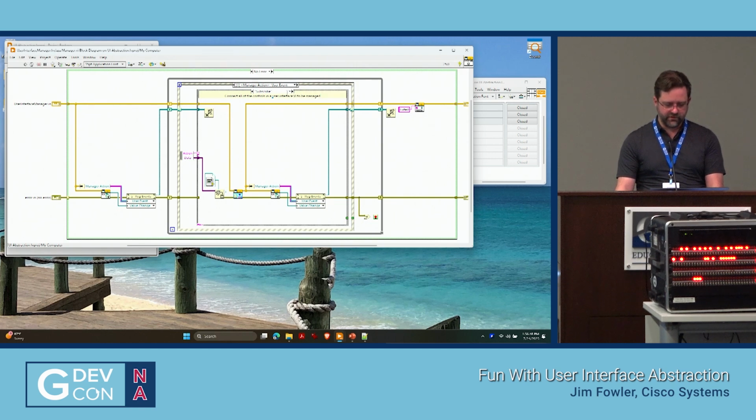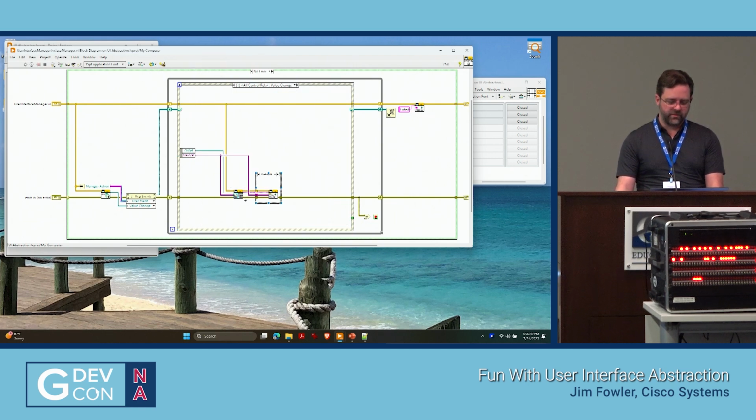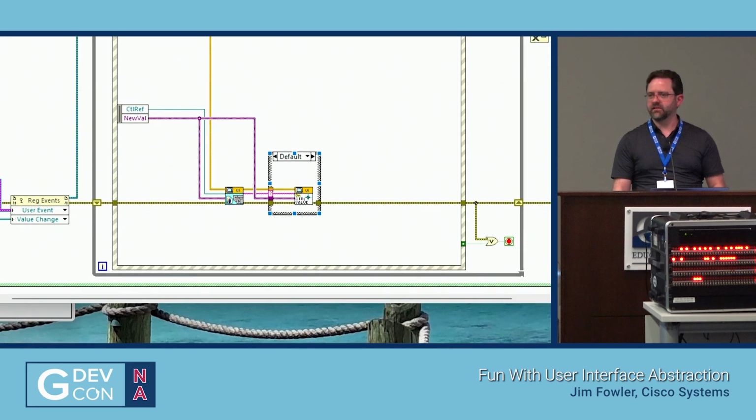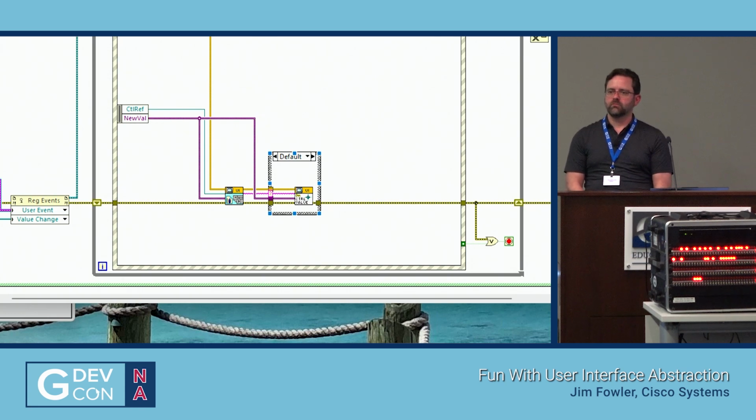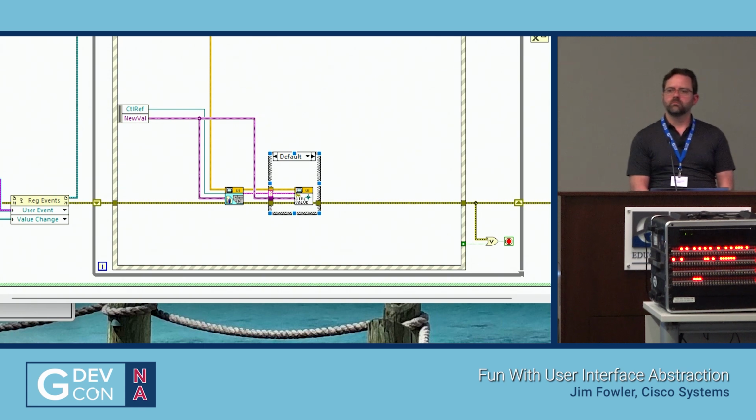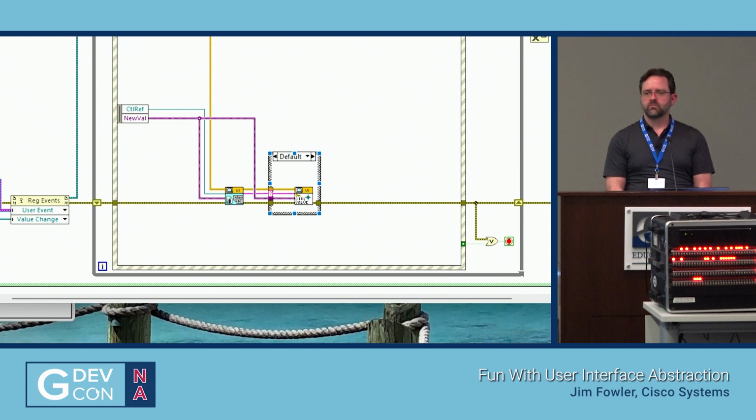Oh, this is the value change. So the UI manager catches all the changes to all the controls in the application, and then invokes those set control by index functions to send the value to the VIs with the indicators to which you want to output.